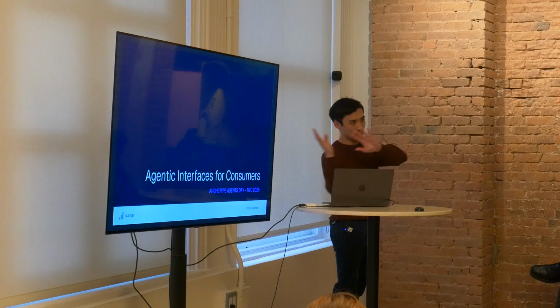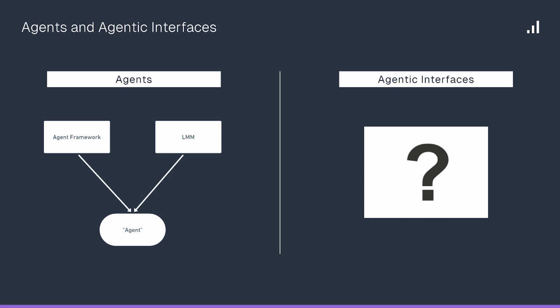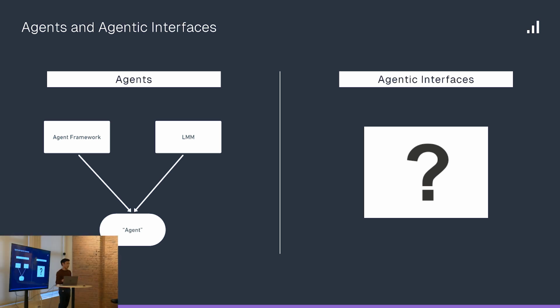This is like super left curve, so I hope you guys like pictures. All of this is starting with agents, and I'm going to use the term and sling it around very loosely as basically just agent frameworks and LLMs. Most of this stuff is not going to be anything that's fully autonomous, so just as a heads up.